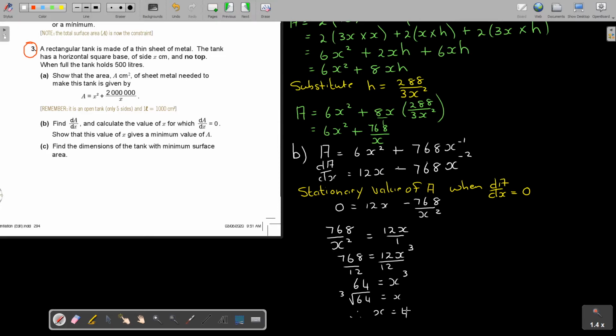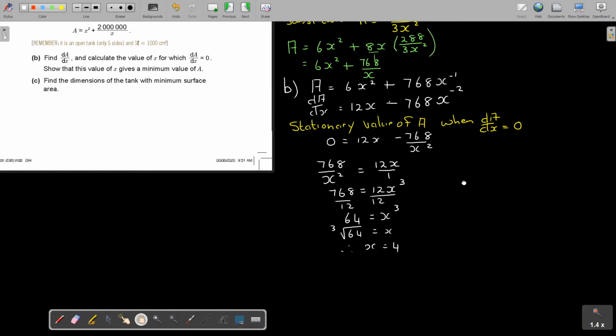But now I go on. Now I must find the nature of the point. So I'm going to double differentiate, or second derivative. So d squared A over dx squared equals, and don't forget it's this formula.